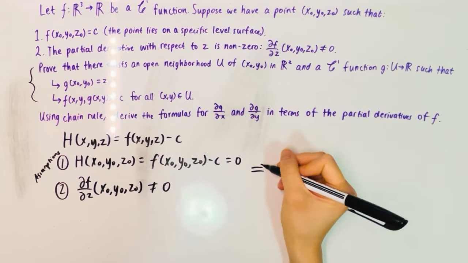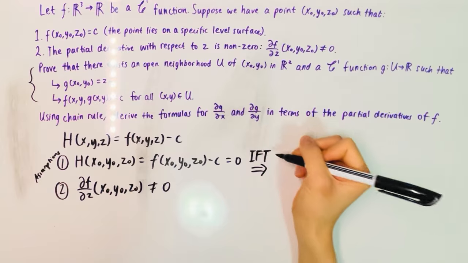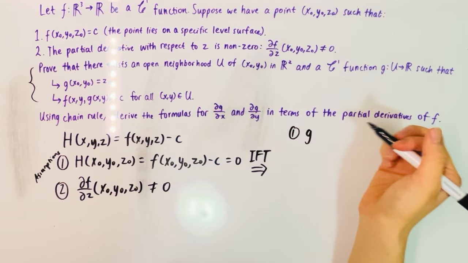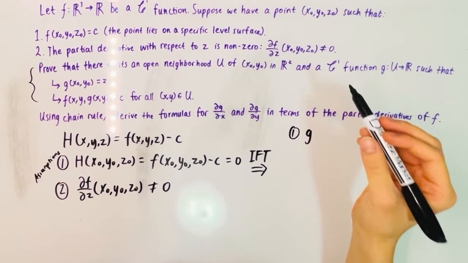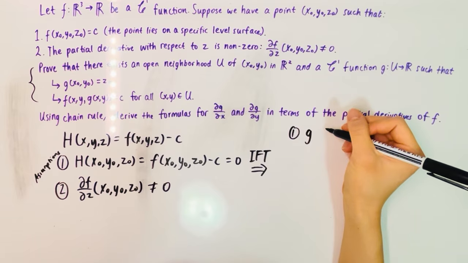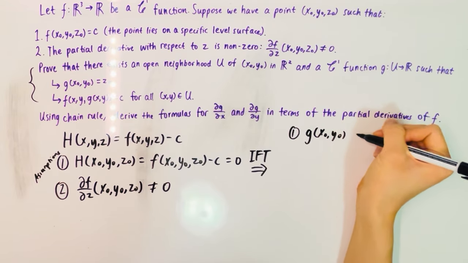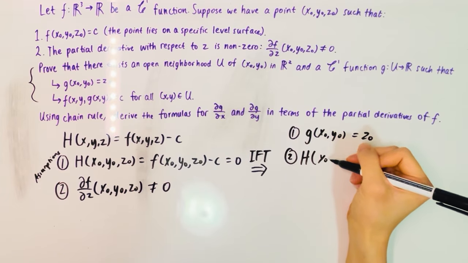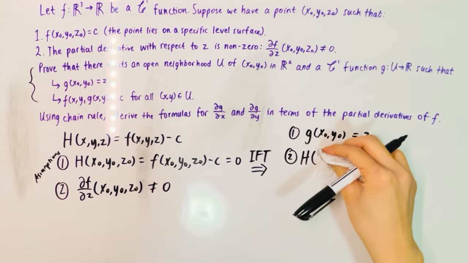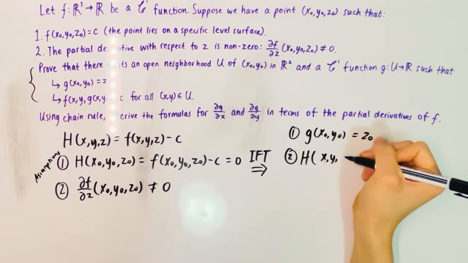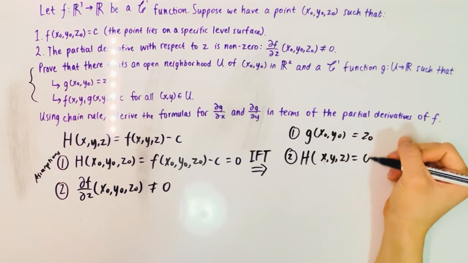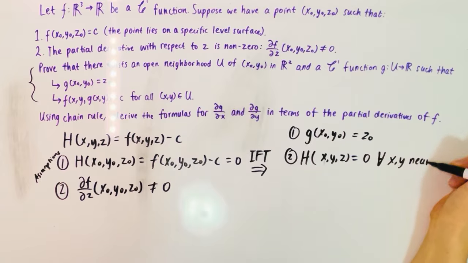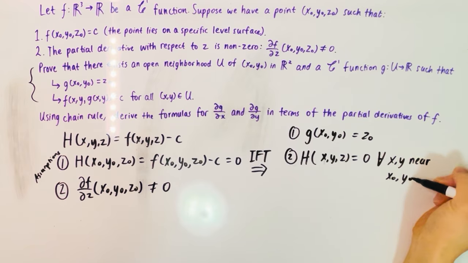All right, and then by the implicit function theorem, we see that there's this unique function g in a local neighborhood of x0, y0 such that g of x0, y0 equals z0, and h of x, y, z equals 0 for all x, y near x0, y0.